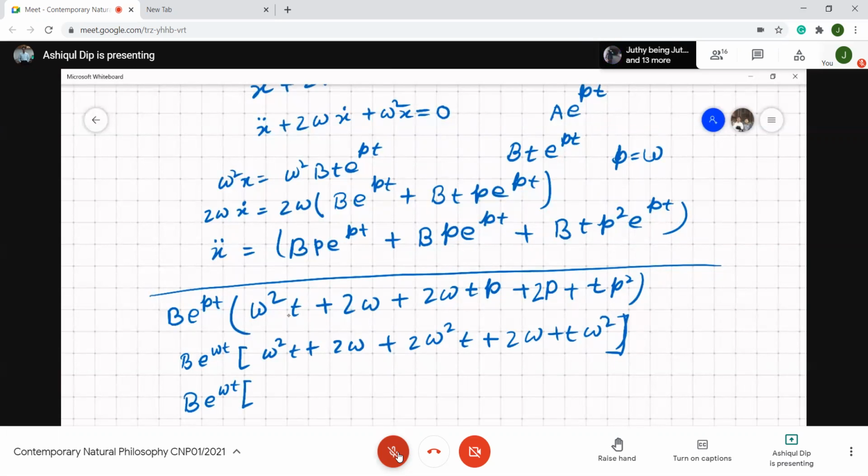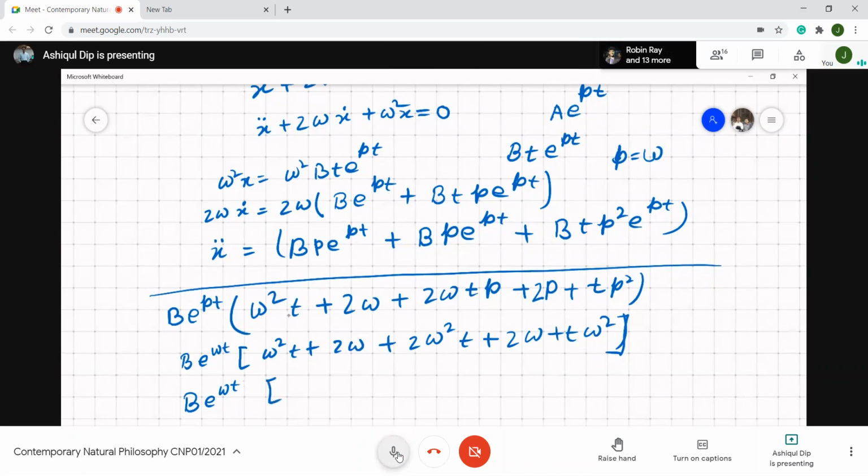How many terms? We have 5 terms actually. So let's factor out omega first, then see what happens. It's omega t plus 2 plus 2 omega t, plus actually I should simplify first.